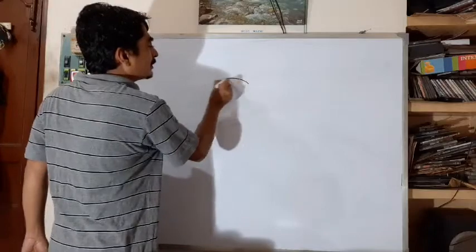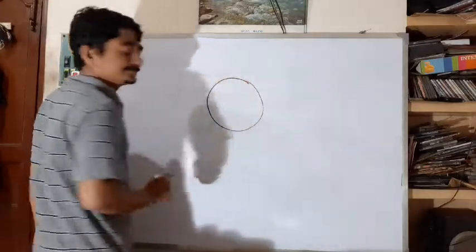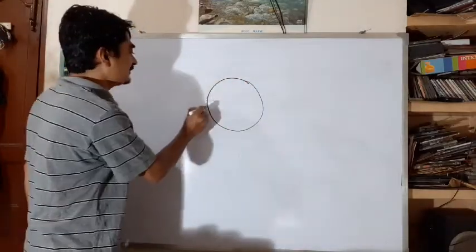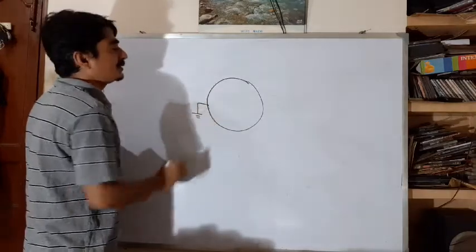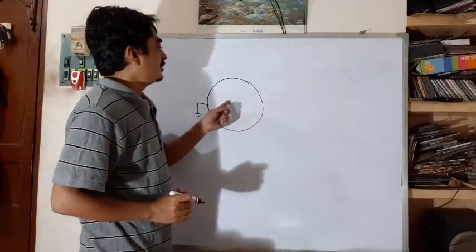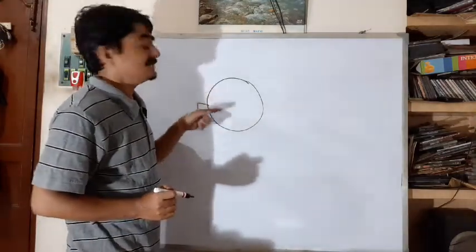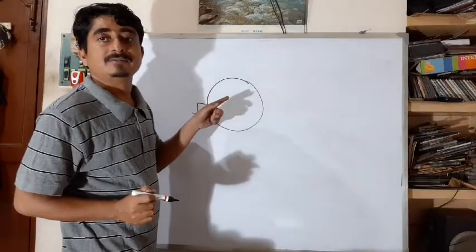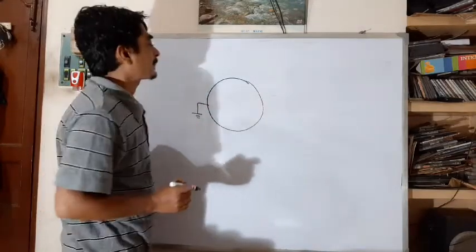Suppose there is a virtually grounded conducting sphere. So the surface potential will always be 0.